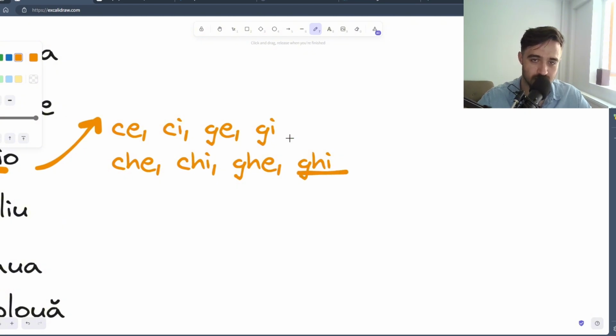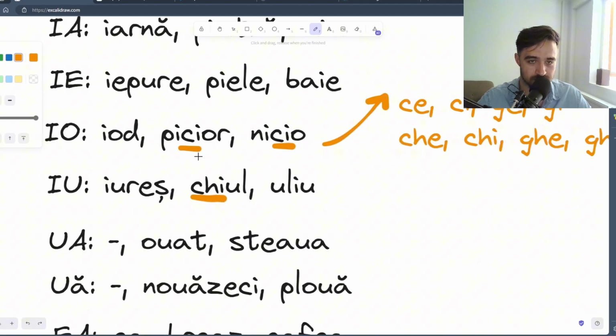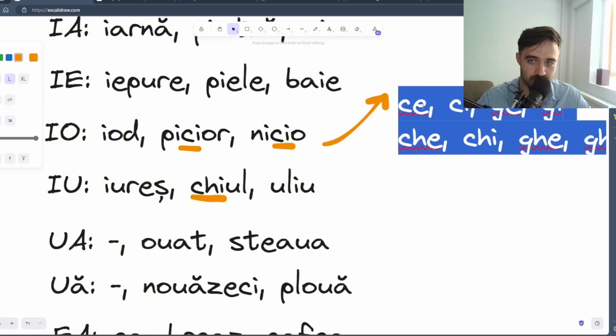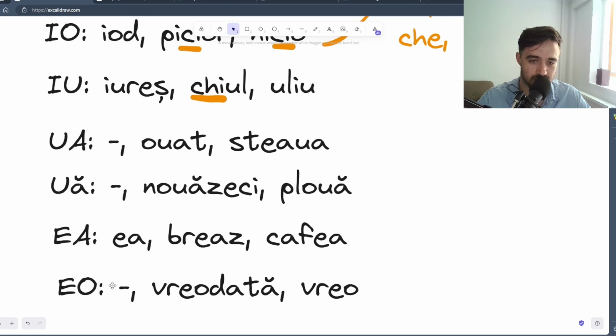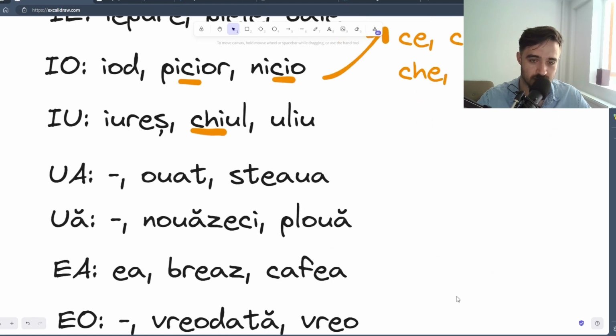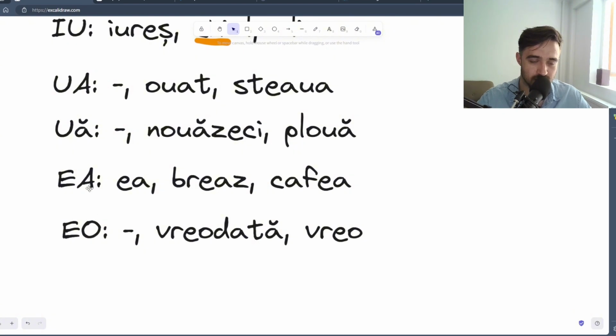So gi, g, chi, and ki. And it's the same here. Actually, I don't even know why I put CE, but it applies. Actually, with CE, GE, it applies here, for example. You can get geografie, and with CE, you can get it here as well. Or here, for example, cha.